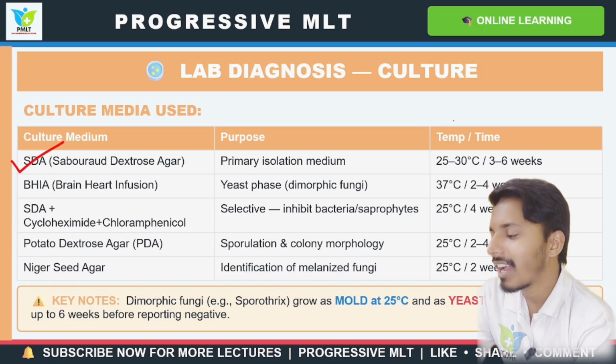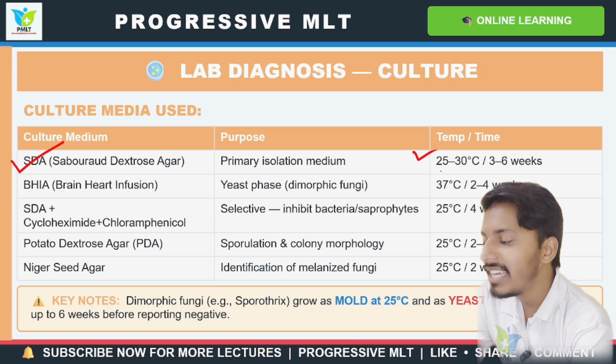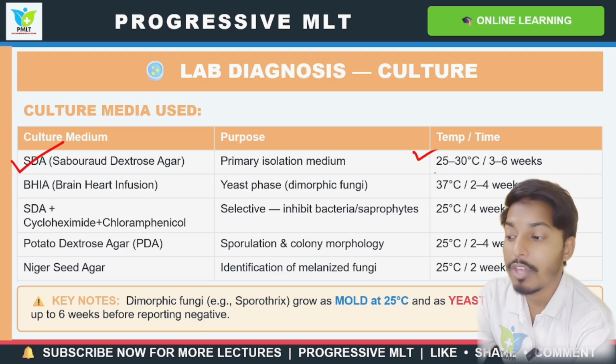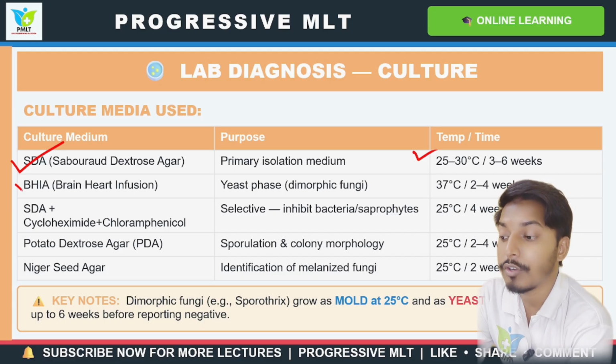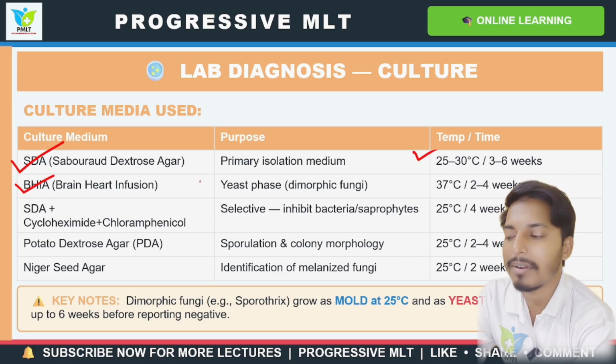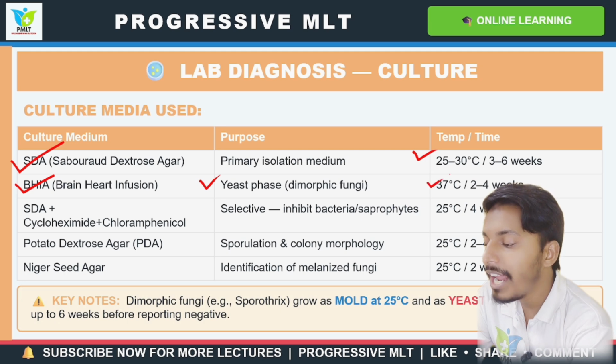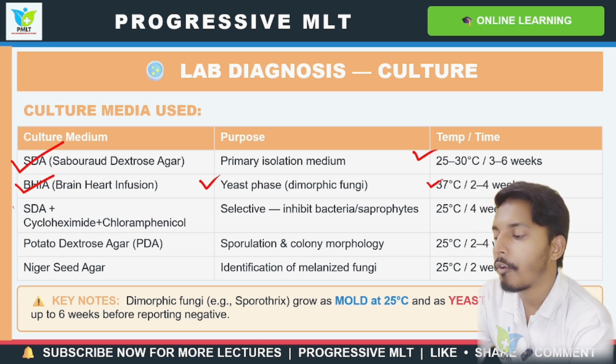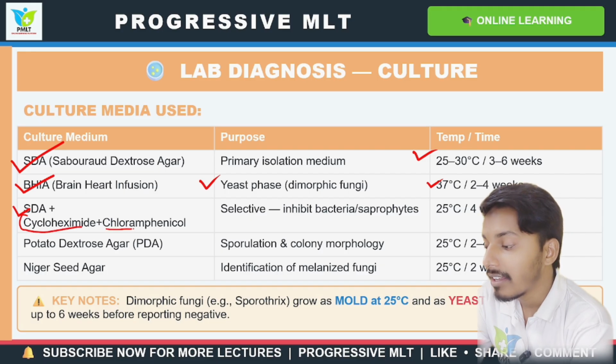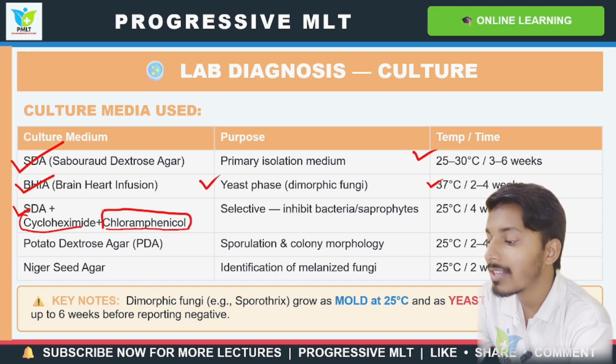See here, the culture media. First one is SDA, Sabouraud dextrose agar, at a temperature of 25 to 30 degrees centigrade. After that, brain heart infusion for the yeast phase, at 37 degrees centigrade. And Sabouraud dextrose agar with cycloheximide plus chloramphenicol.